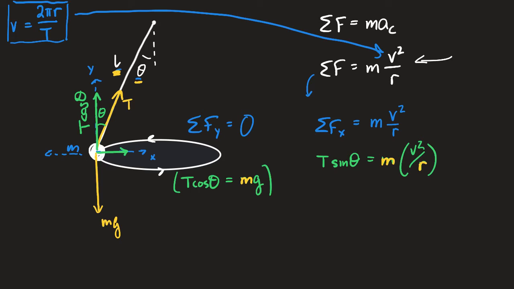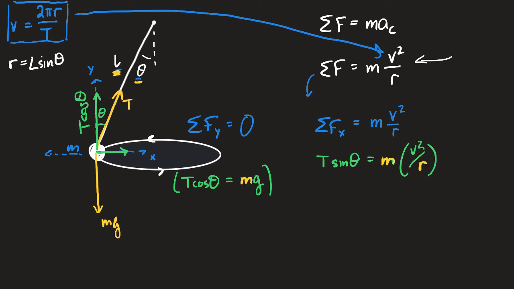I do see a triangle right here where r is a side and L is a side. So I'm just emphasizing it by drawing it a lot, but it's all going to disappear. There's probably going to be an r equals L sine theta later.